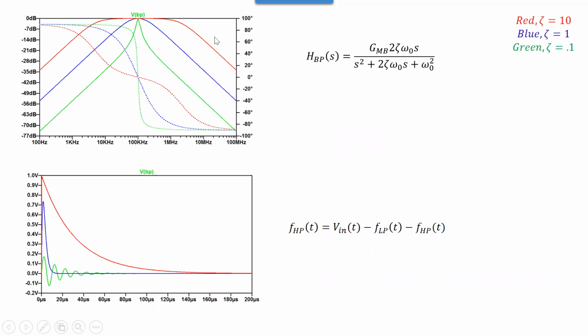Band pass, a little trickier, all right, because in some cases it looks just like a high pass filter. And when you have two roots, because the damping factor is really large, you'll have one root or one pole much bigger than the other. The large pole will decay so fast that you don't notice it.